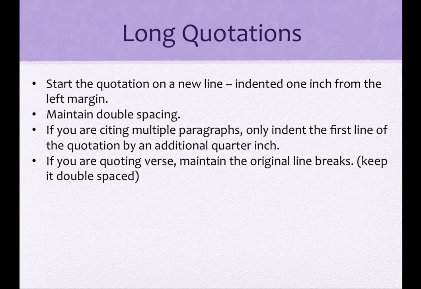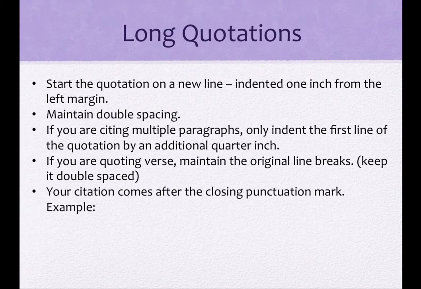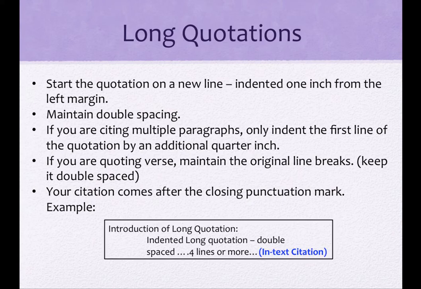And verse would be something from a poem or even perhaps lines from a play. Your citation comes after the closing punctuation mark. Here's your example for a long quotation. Here's the introduction of the quotation, which is the same margin as your essay, and then you indent, and you keep indenting all along.